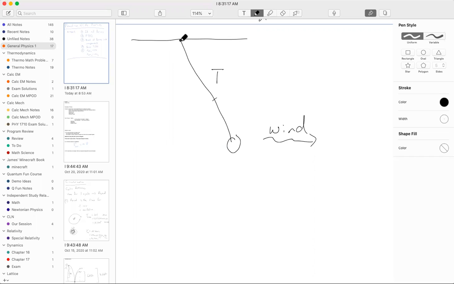In fact, the goal of this problem is to find the tension and the angle it makes with respect to the vertical. So we want the tension and the angle. Okay, those are the things we want. What we know is the mass of the ball is 1.55 kilograms.